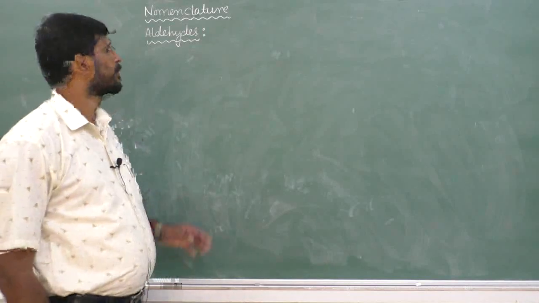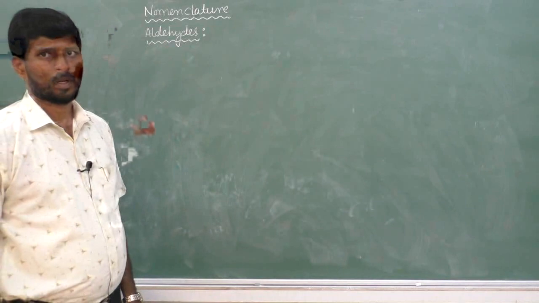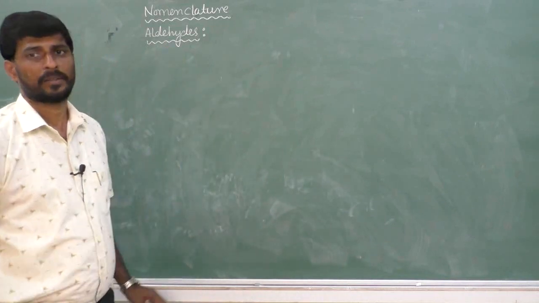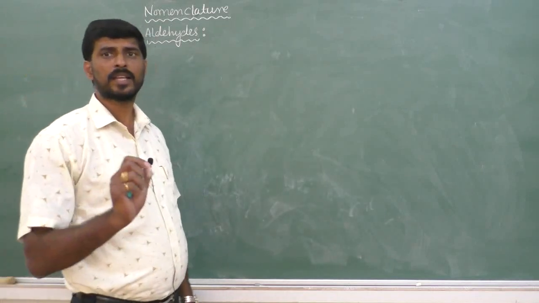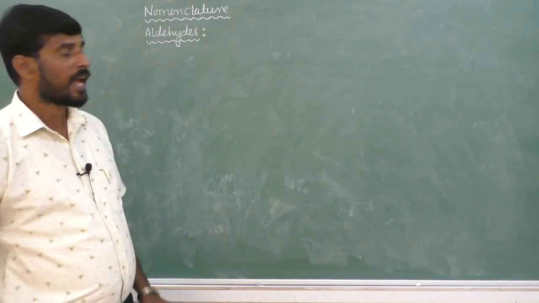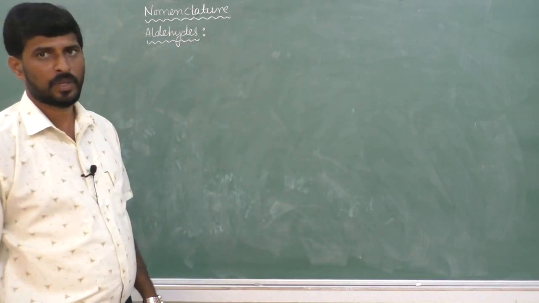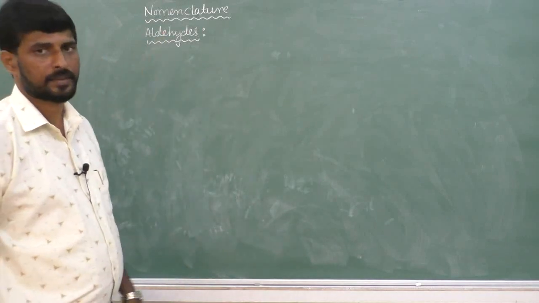Okay students. Next we will move on to nomenclature. We know that there are two methods of naming. One is the trivial system of naming, which is an unscientific method of naming. Another one is the IUPAC system of naming. First we will discuss the nomenclature of aldehydes.